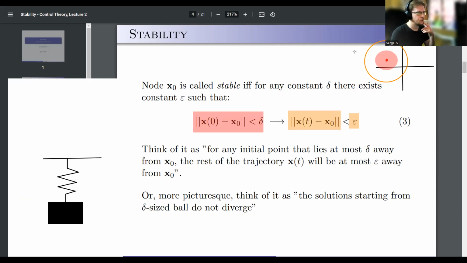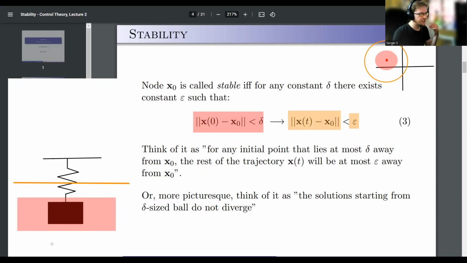So let's say the initial condition for the position of this mass is here. The mass will start somewhere in this pink region, and what we can say is that the mass will never leave the boundaries that I draw in orange. That is the idea of stability.